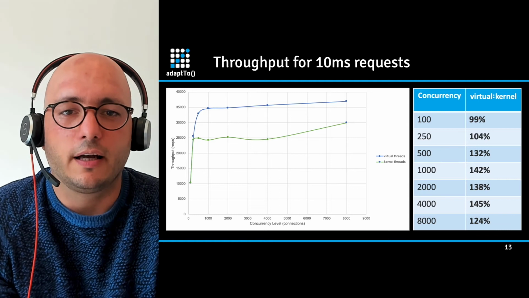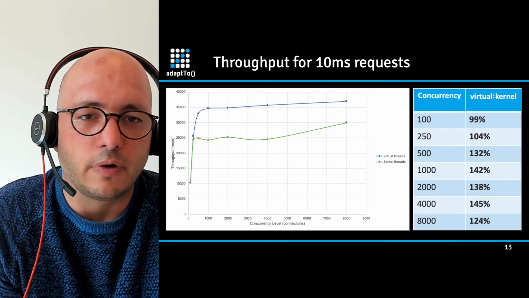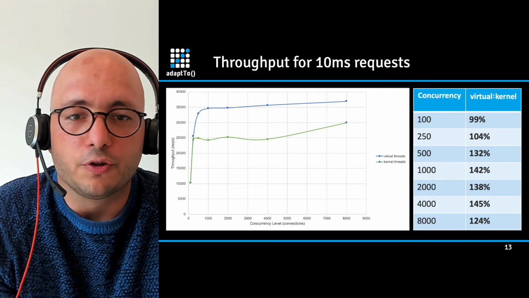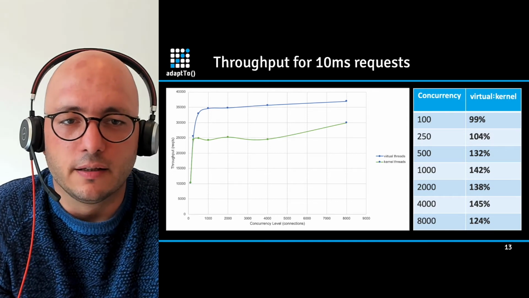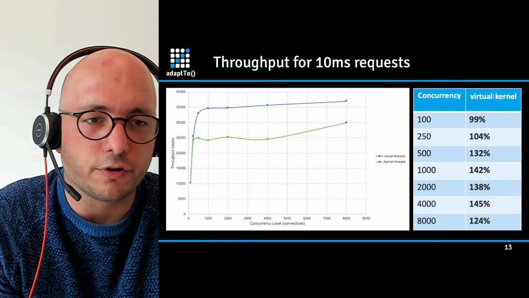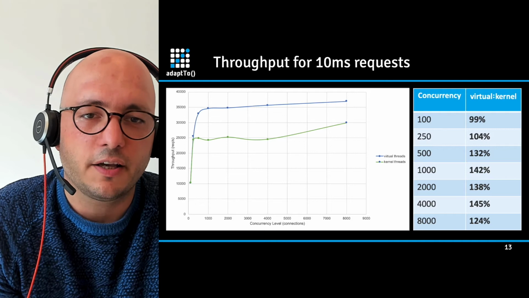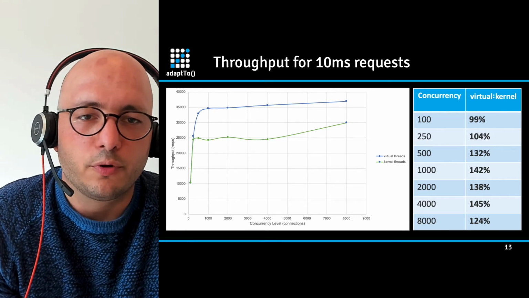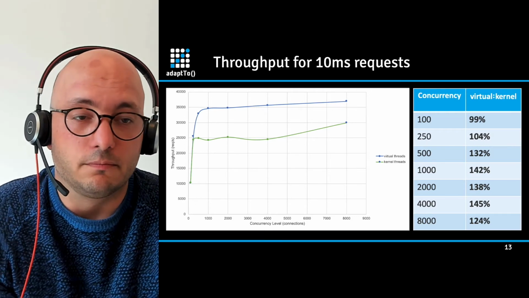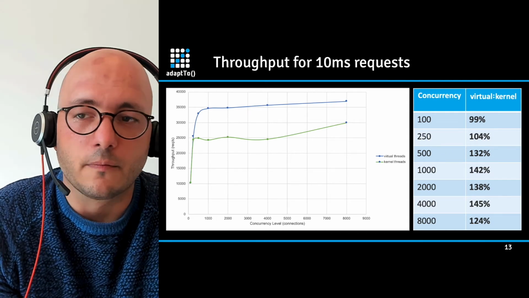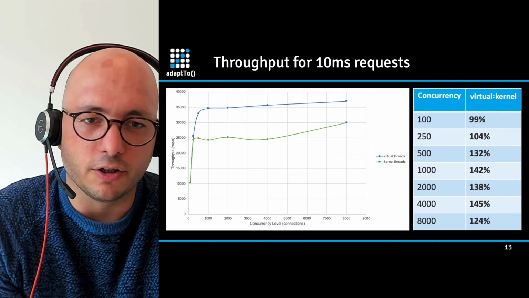And here is what I get for an average 10 milliseconds request. The throughput for virtual threads is the line in blue, and the one for kernel threads is in green. What we can see here is that the throughput with virtual threads is higher than the throughput with kernel threads as we increase concurrency.